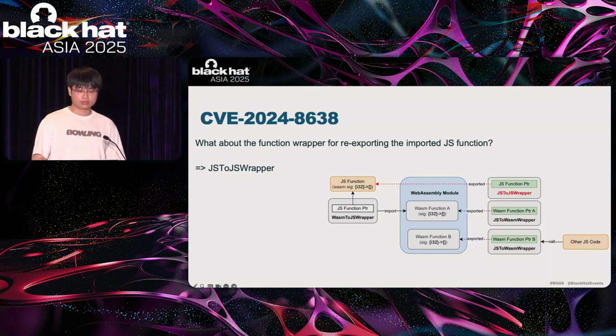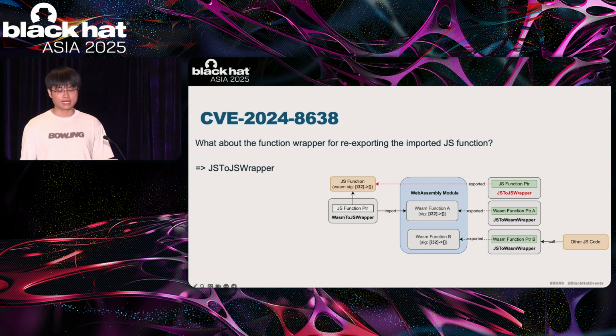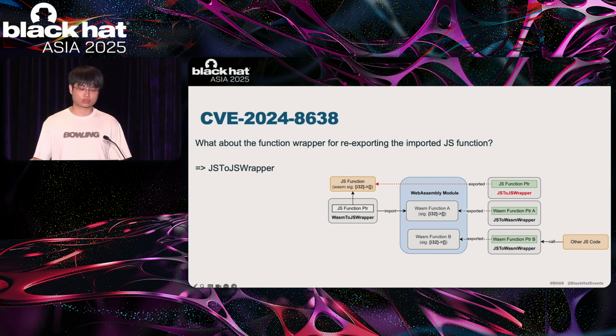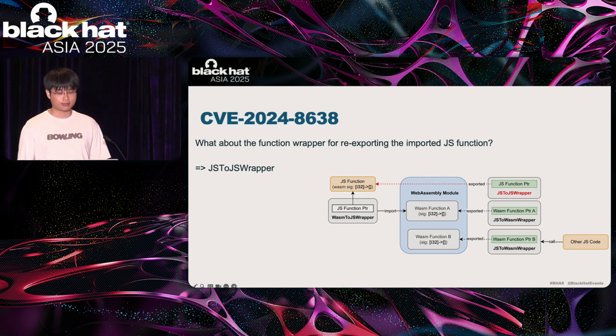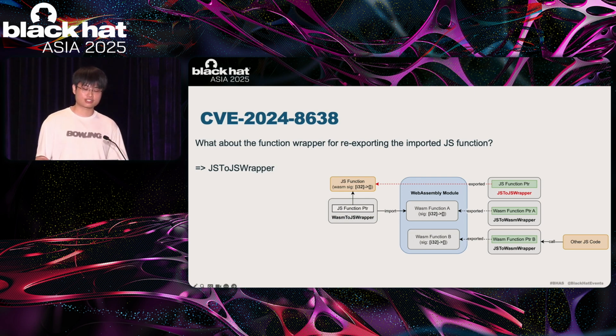Now let's understand the optimization mechanism for its exported function wrapper. We can consider interesting questions. What happens if a JavaScript function is first imported into WebAssembly and then exported back to JavaScript? How does this circular import-export pattern affect wrapper selection? The answer is quite intuitive.